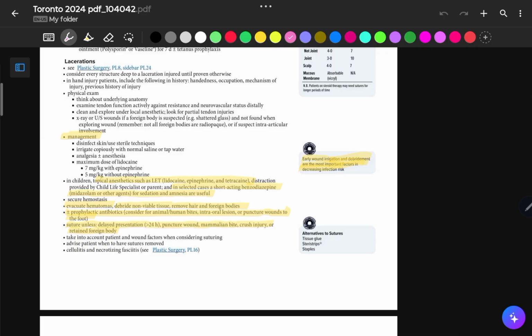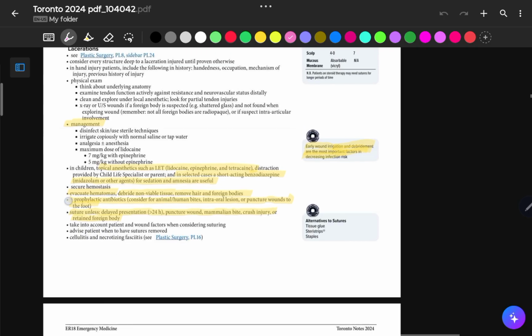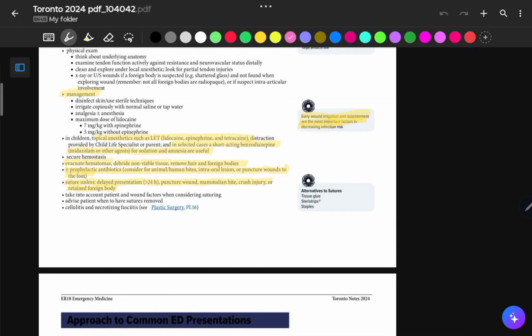Then debride non-viable tissue, remove hair and foreign bodies, and you might consider prophylactic antibiotics. These are mostly considered in patients where we have an animal or human bite, intraoral lesions, or puncture wounds to the foot.